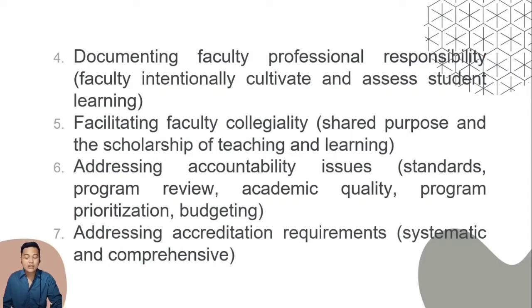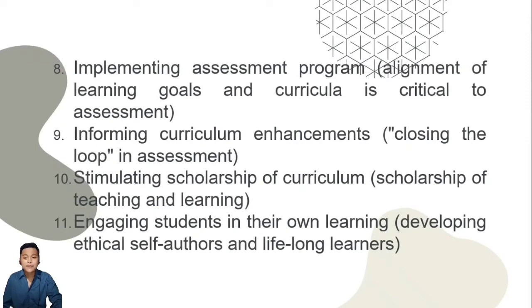Then next, addressing accreditation requirements, so systematic and comprehensive. Next is implementing an assessment program. Alignment of learning goals and curricula is critical to assessment. Informing curriculum enhancement, closing the loop in assessment.